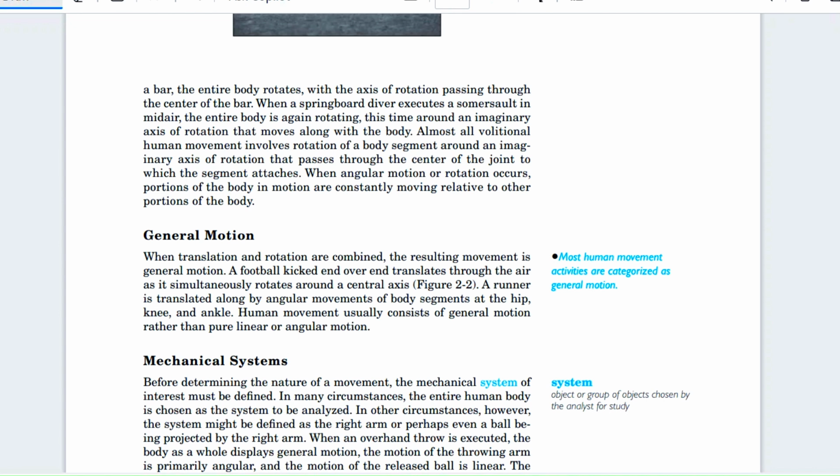Those are the examples of the mechanical systems you can choose for any analysis of movement.